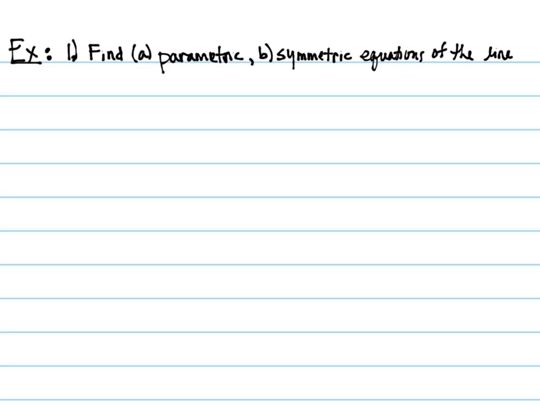So we're going to find A, parametric, and B, symmetric, equations of the line through these points, 0, 2, 1, and 2, 0, 2.